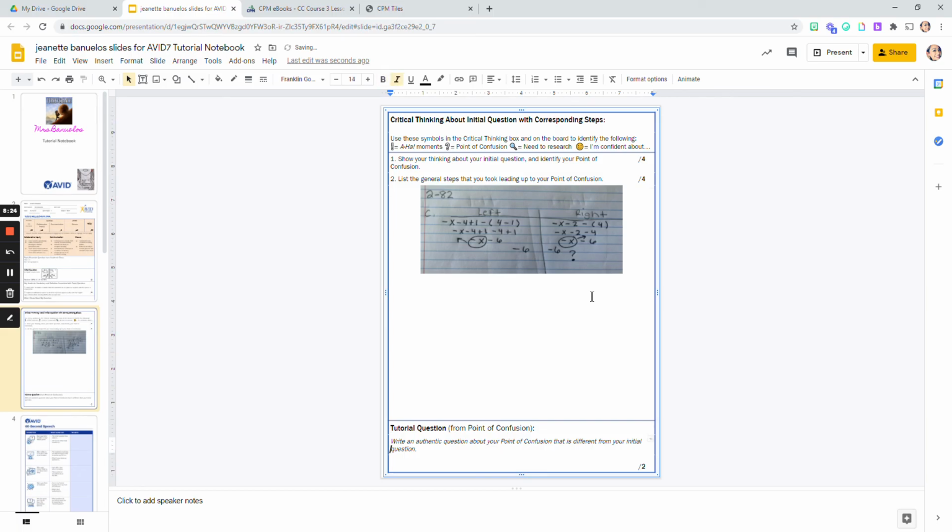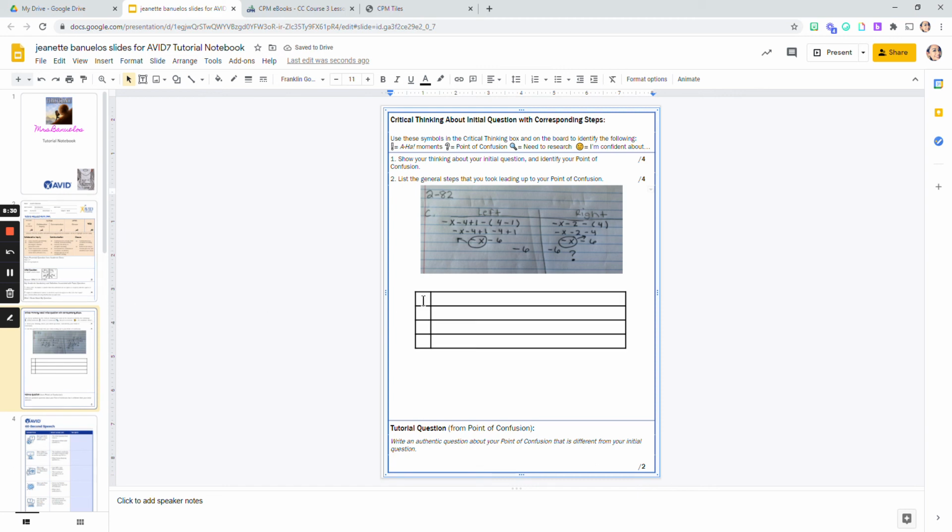And then I'm going to go ahead and add my steps. So I added a table. And so for my first step, what I did was write out the original expression. For my second step, I flipped, or I took the opposite of what's inside the parentheses because there's a negative in front.